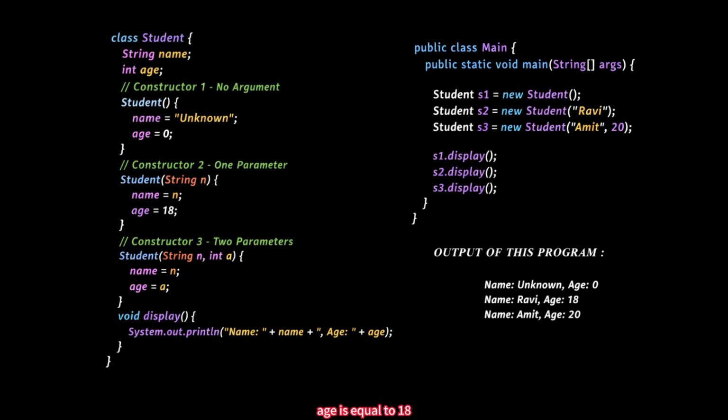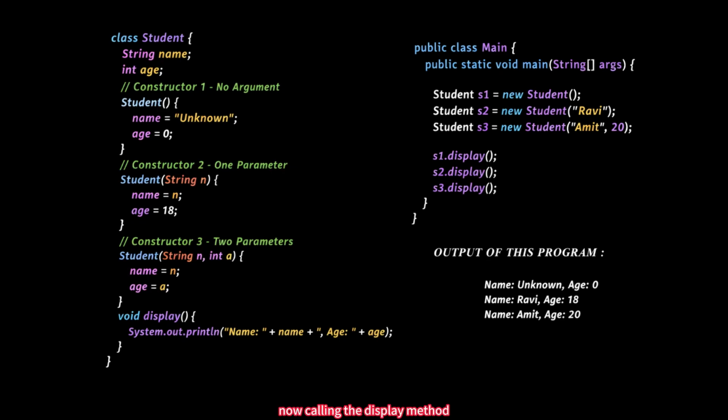Age is equal to 18. Next, Student s3 is equal to new Student("Amit", 20). Now Java sees two arguments. So it calls Student(String n, int a). Inside that, name is equal to Amit. Age is equal to 20.